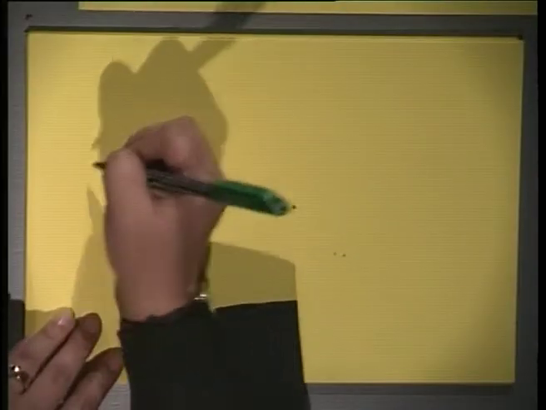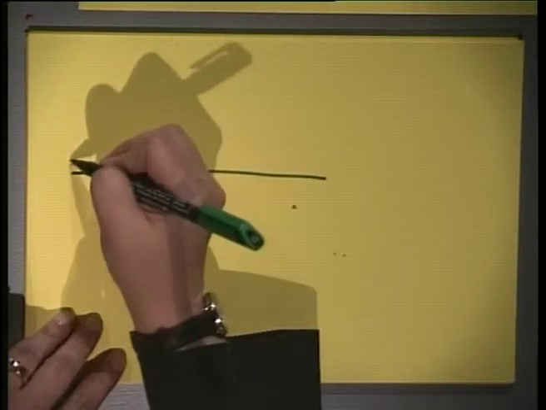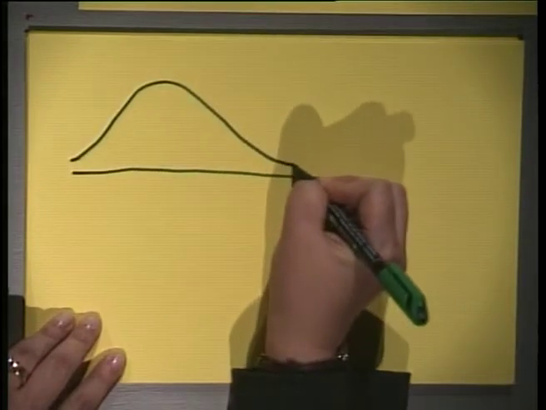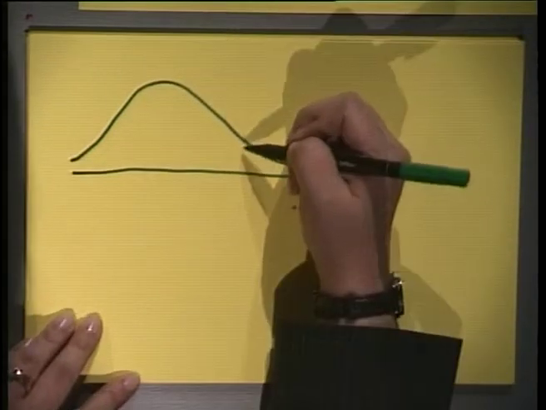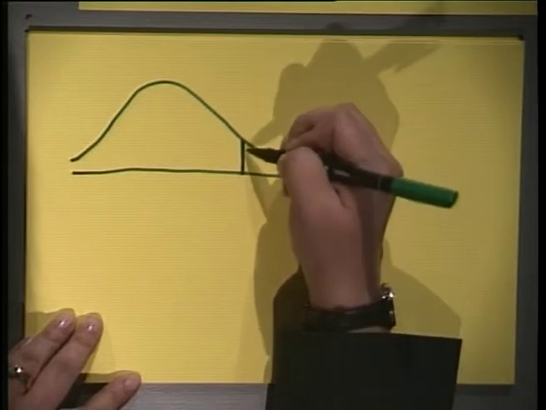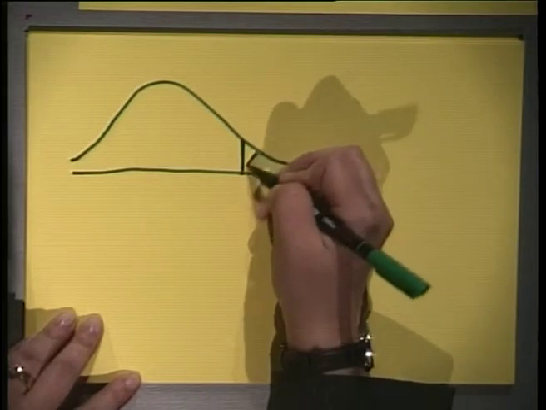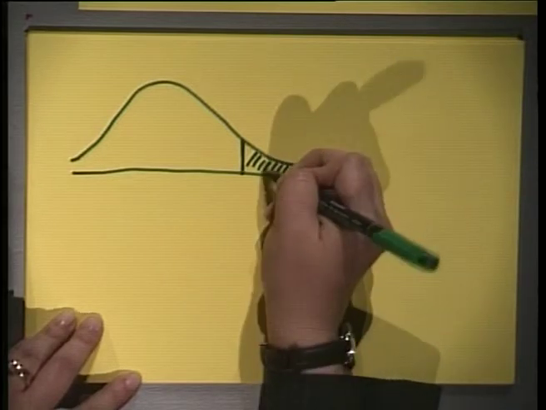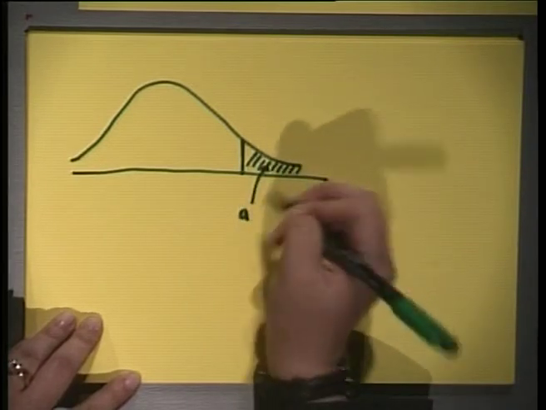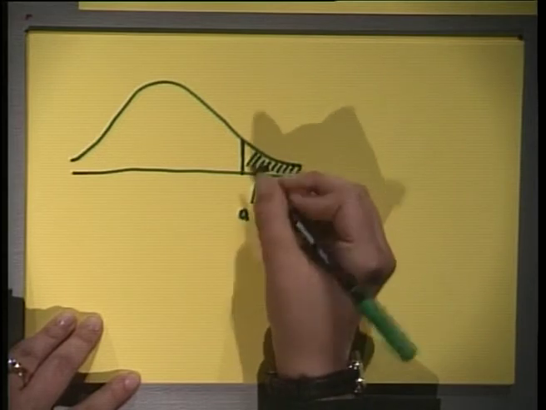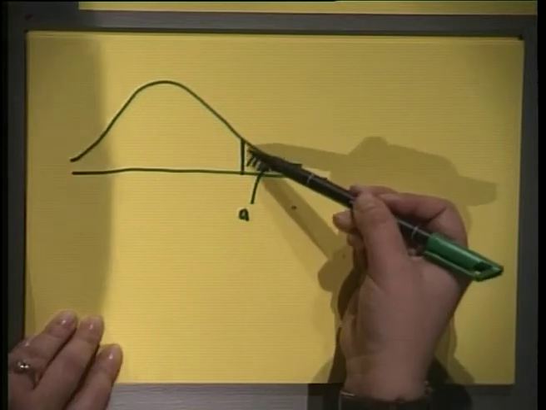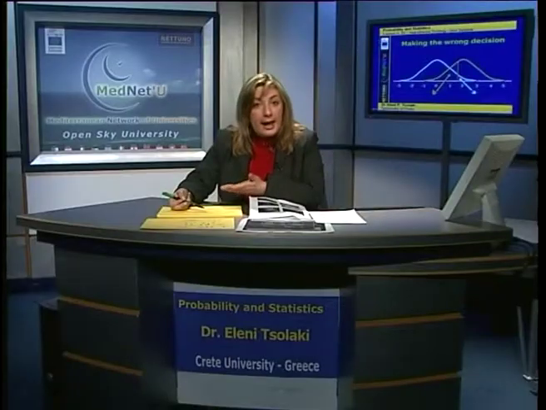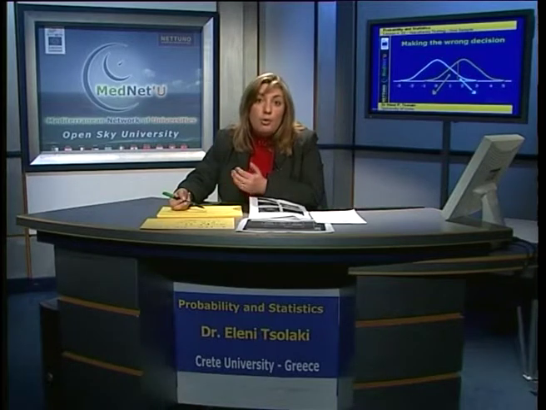So, as we said, we have the distribution of the population if the null hypothesis is true. We said that we are choosing a to be this. a is the probability of rejecting the null when it is true. So it is obvious that we would like a to be as small as possible, not to make an error.